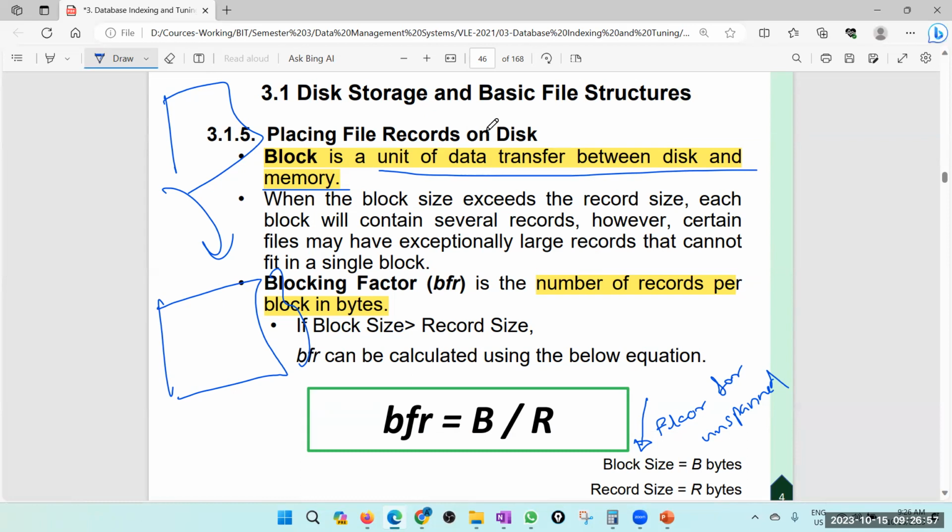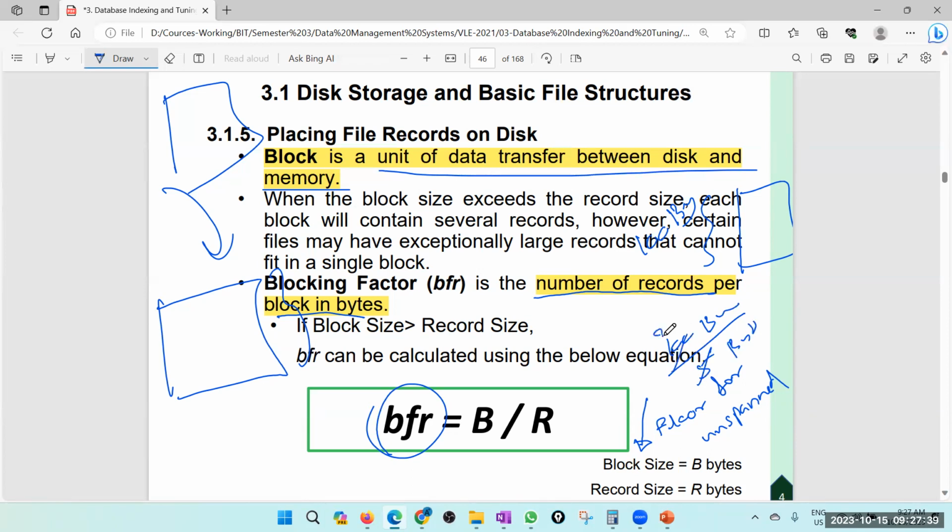Right? So a block is the unit of data transfer between disk and memory. A block can keep multiple records. The number of records that you can save in a particular block is called the blocking factor, BFR. For example, if your block is 100 bytes and each record is 5 bytes, obviously the blocking factor is 100 bytes divided by 5 bytes.